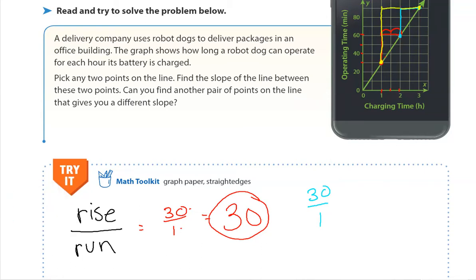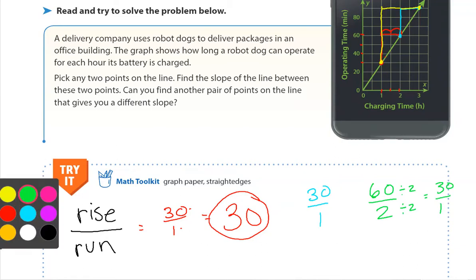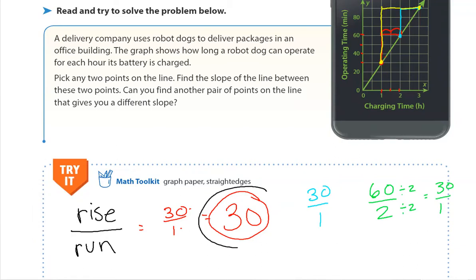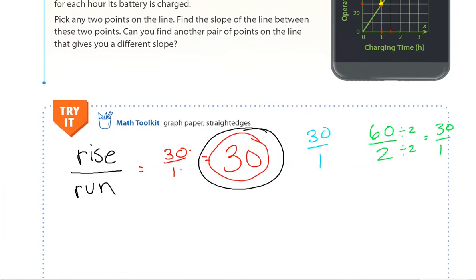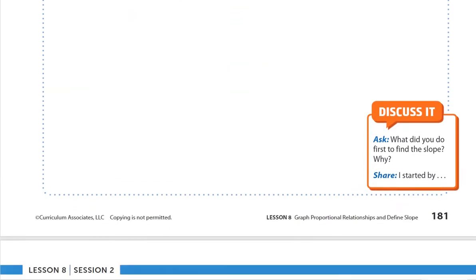So that's 60 over 2. Oh no, different numbers. Oh, but wait, I just divide them each by 2. And that is 30 over 1, just written in a different way, which again is 30. The slope is 30. No matter where you go or what you do, you can't escape it.